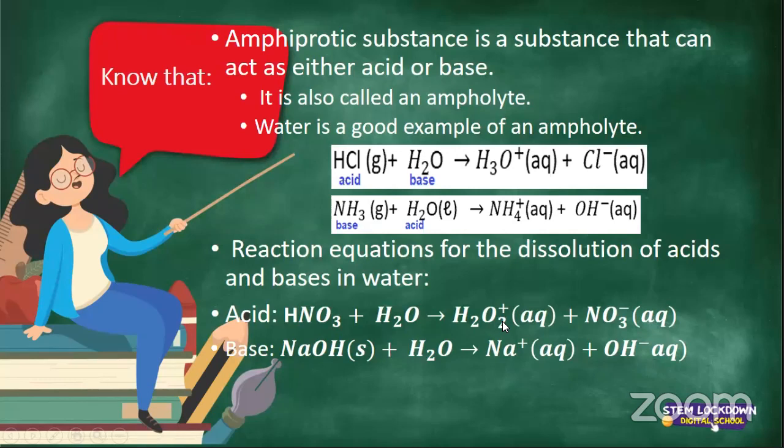So it should be the oxonium ion and nitrate. This is how the oxonium ion looks like. It should be H3O plus. This is not a 2, this is supposed to be a 3. H3O plus, this is the oxonium ion, right?